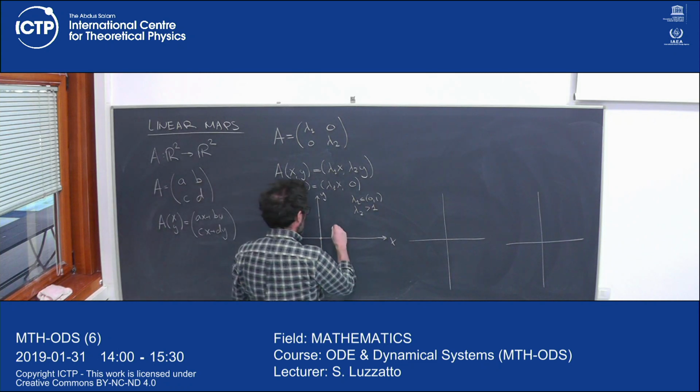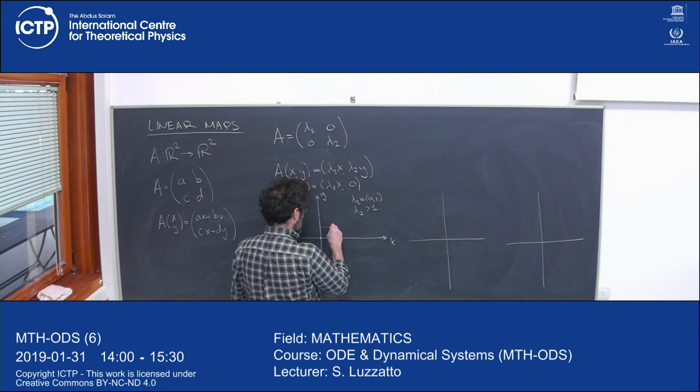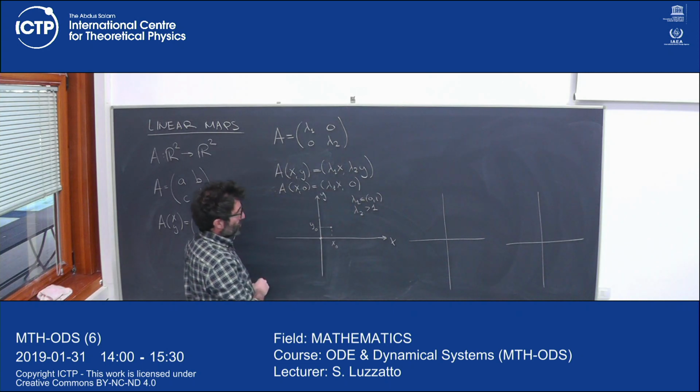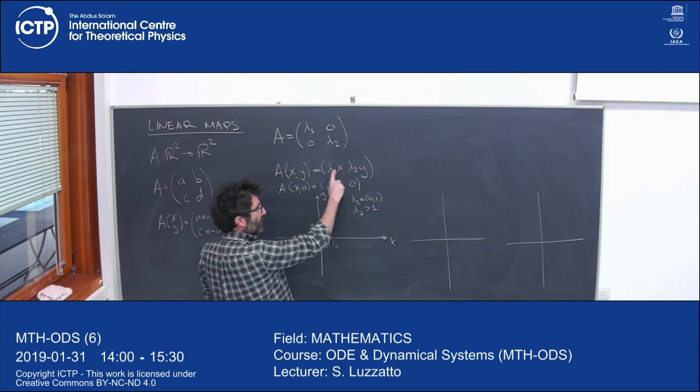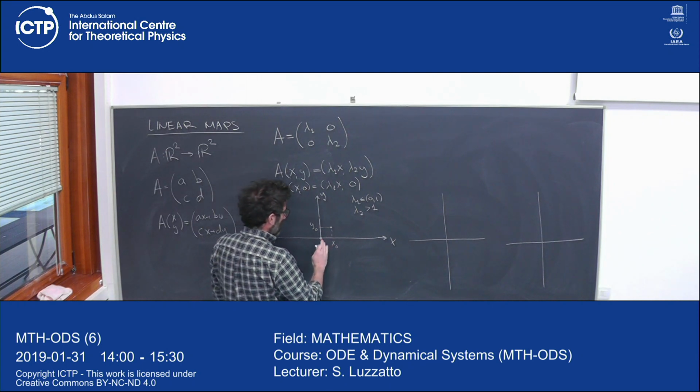So what happens? If you take a point here, let's choose the point (1, 1), with coordinates x0 and y0, then the image of this point follows the 2 coordinates independently.